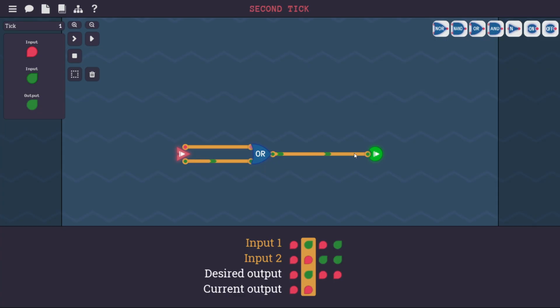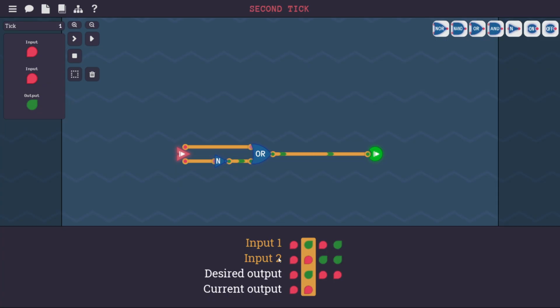So how do we make it off? A way to make it off is to just invert. But we don't invert the whole output. We'll invert this route whereby this second input is on. And now if we start again, both of them are off, we get on.